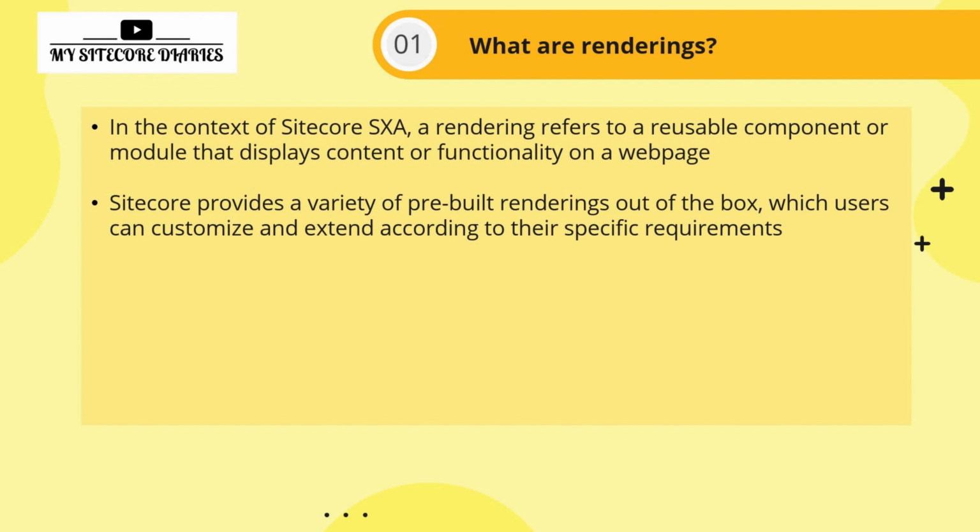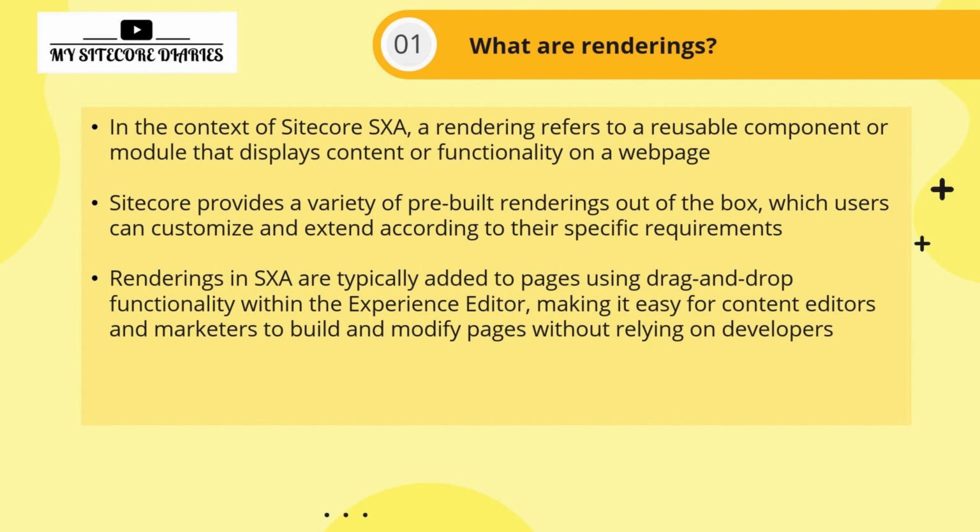Sitecore provides a variety of pre-built renderings out of the box which users can customize and extend according to their specific requirements. So Sitecore SXA provides the pre-built renderings which we have seen in the last video also. To design a page, there are already pre-built renderings available which you can utilize to design your page. Those are the pre-built renderings which you can extend as per your requirement.